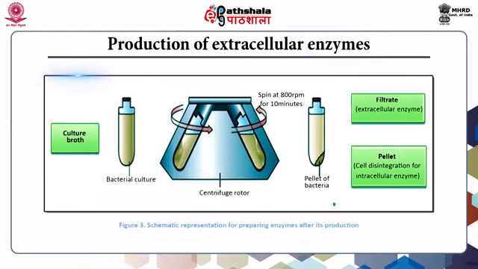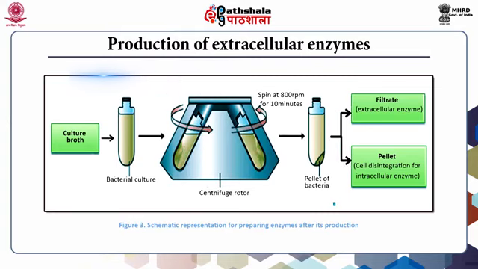Centrifugation separates the liquid and solid phases on the basis of particle size and density. For enzymes that are produced extracellularly, the culture broth is centrifuged at a very high speed of 10,000 to 12,000 rpm at 4 degrees Celsius to obtain the filtrate, which contains the enzyme of interest.